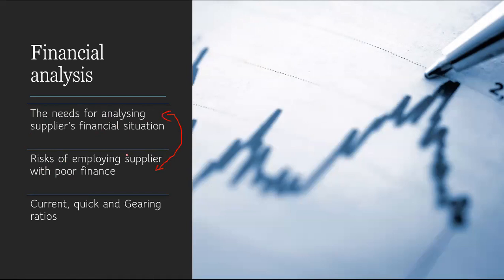If we choose a supplier with poor performance, poor financial situation, then we may face a shortage, or they may go into liquidation, etc. And they may reduce the quality, or they may ask for the cash early and affect your company cash flow.